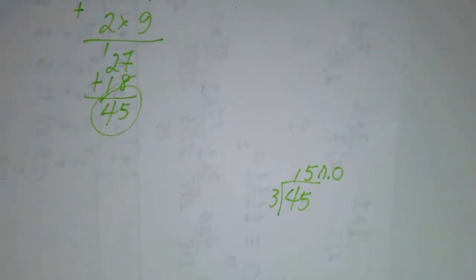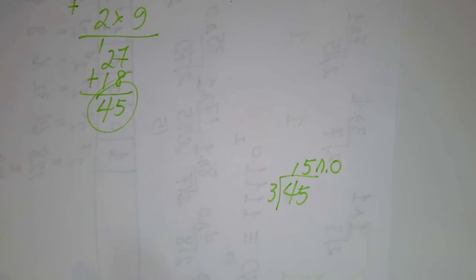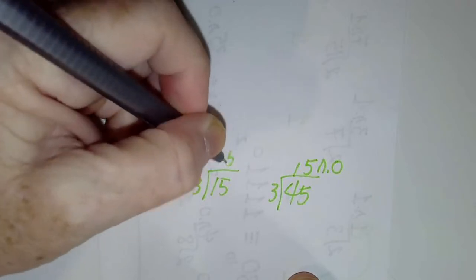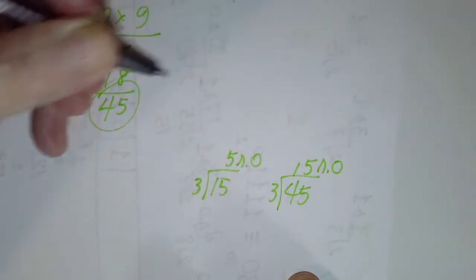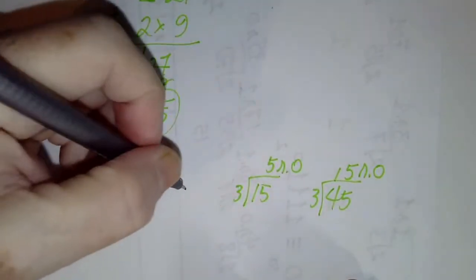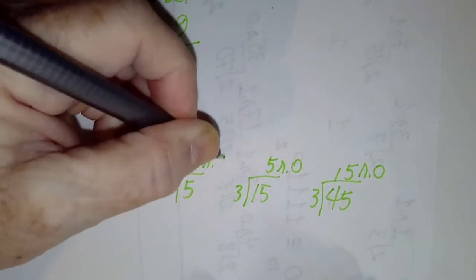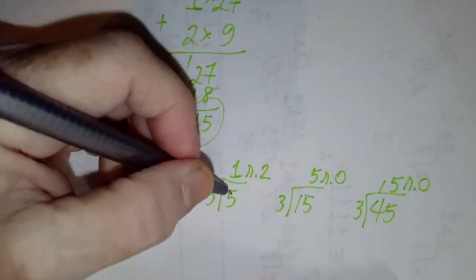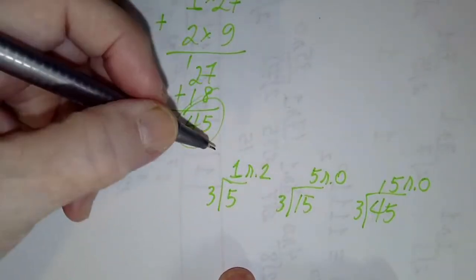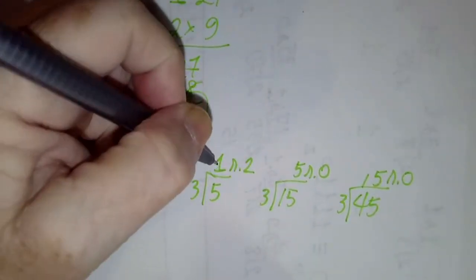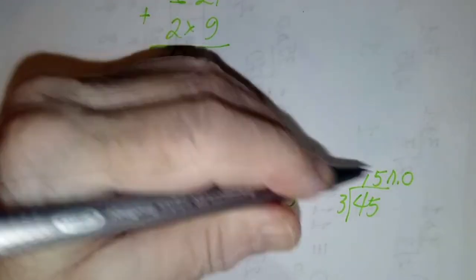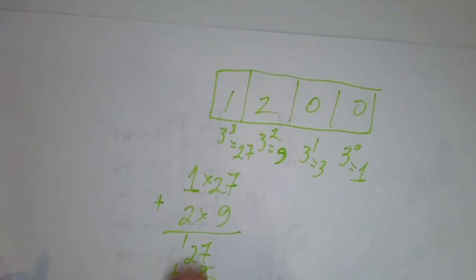Remember, it's the remainder that gives us the number in our code. 15 divided by 3 is 5, remainder 0. 5 divided by 3 is 1, remainder 2, and 1 is less than 3. So our code is 1200, which is exactly what they gave us.